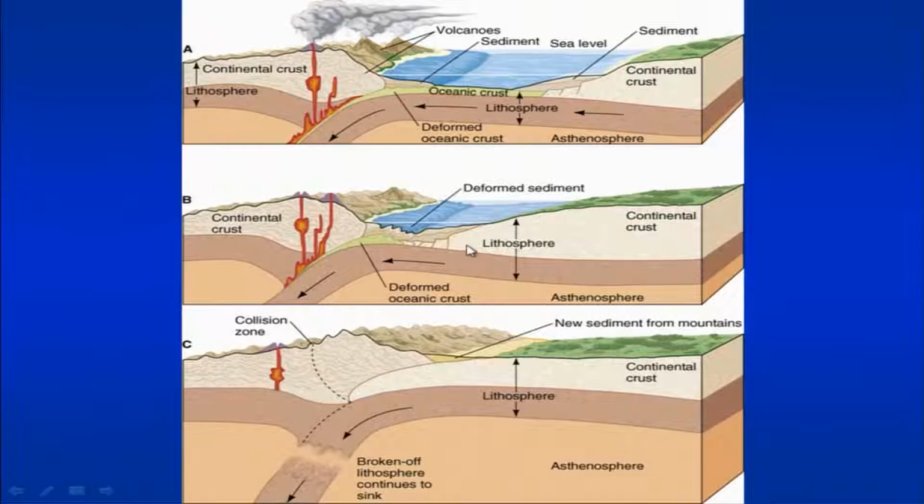Between these two plates there was a Tethys Sea which slowly started closing up, and the collision finally between the two continental plates resulted in the buckling up and folding of the sediments, resulting in the formation of the folded Himalayan belt.